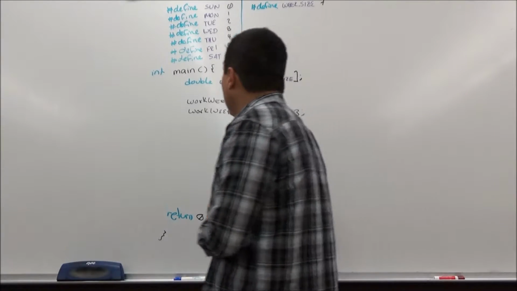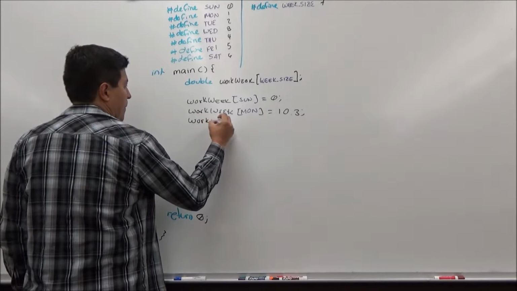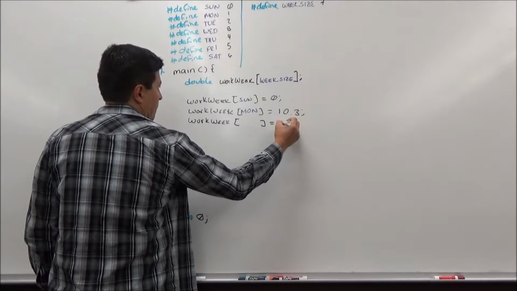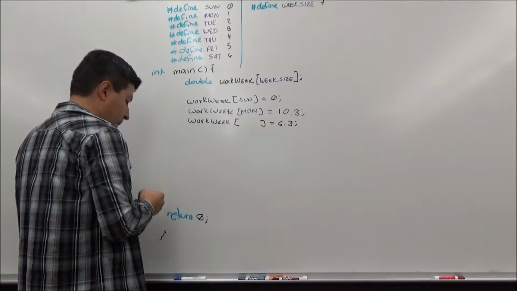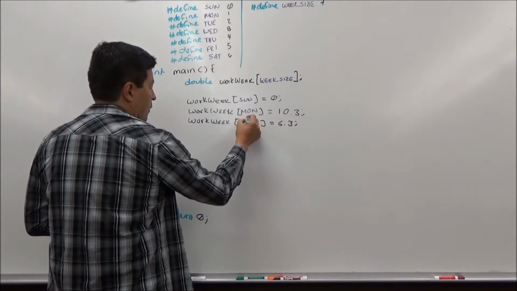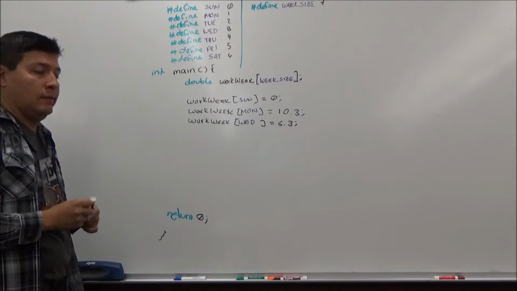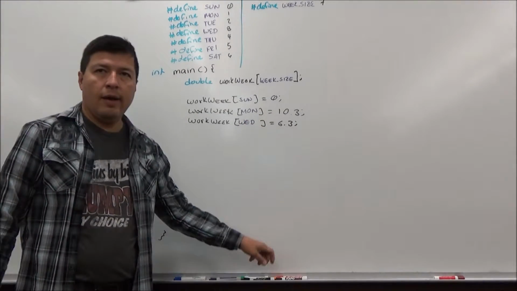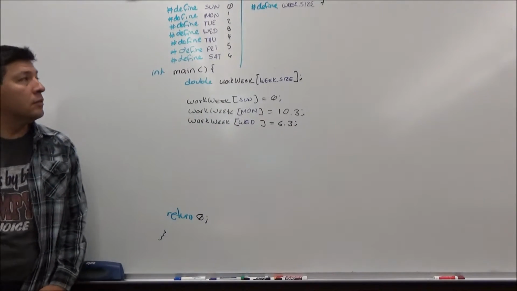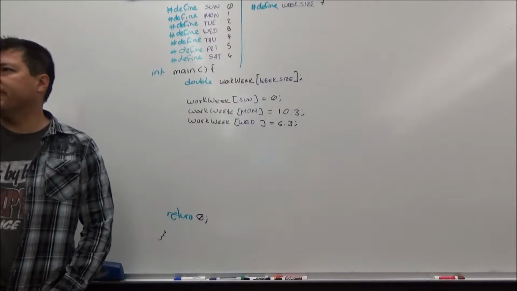So if I do this Wednesday, I'm actually outside the bounds of my array, right? It's easy to catch there because there's only 7 of them.